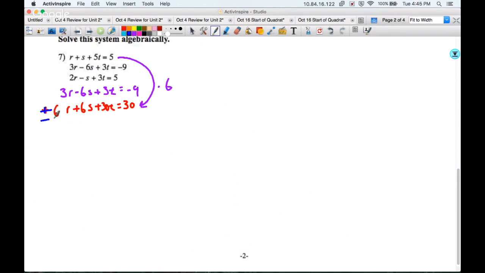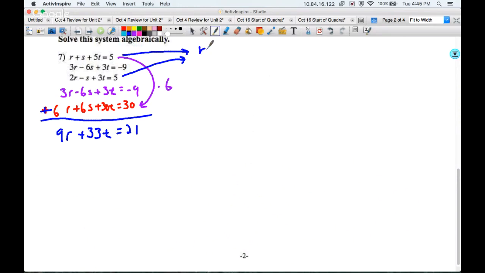Add these together. And 9r plus 33t equals 21.